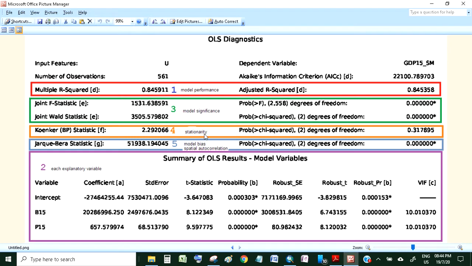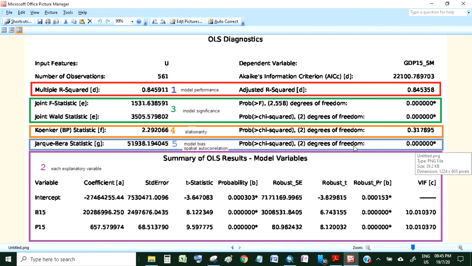Okay, fine. Now I am coming to the fifth point, which will help us understand whether the model is biased or unbiased. What does it mean that the model is biased or unbiased? This is the Jarque-Bera statistic, and it is statistically significant. What does it mean?